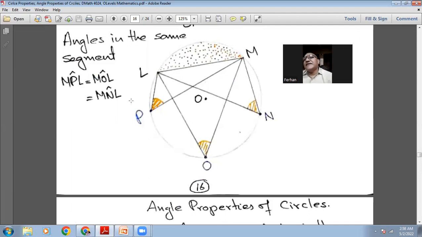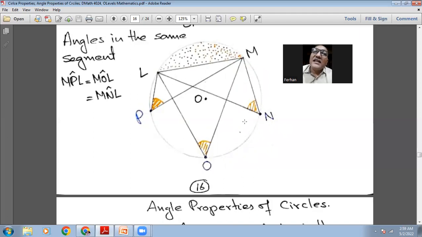Here is another example, LM is a chord. In this circle, LM is a chord. I have joined L and M with the point on the circumference P. I've joined L and M with another point on the circumference, and that point is O. L and M have been joined with the point on the circumference N. The important thing about P, O, and N is they are in the same segment.